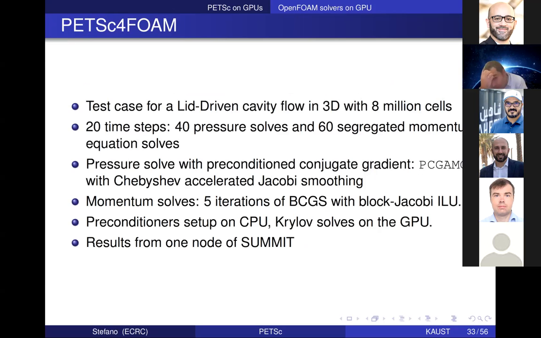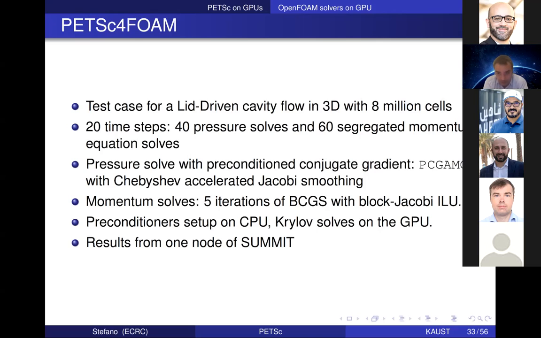As a test case, this is really a toy model, but it's just to show you that the plugin works. I will present very recent results for a lid-driven cavity flow in 3D with 8 million cells and just 20 time steps of icoFoam, which is one of the basic applications in OpenFOAM. In these 20 time steps, I will do 40 pressure solves and 60 segregated momentum equation solves.